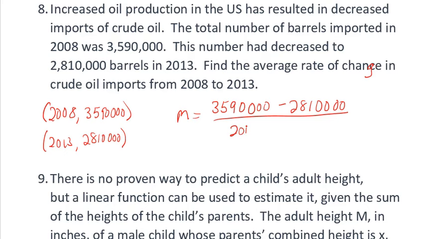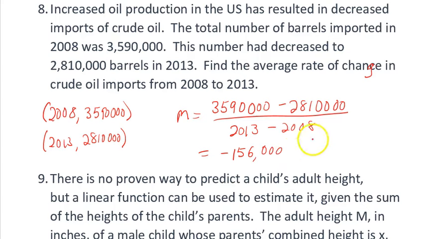But I'm doing y minus y over x minus x. Okay, so I'm going to let my calculator do the heavy lifting on this one. And we're going to come up with a negative 156,000. So it's decreasing by about 156,000 barrels per year.